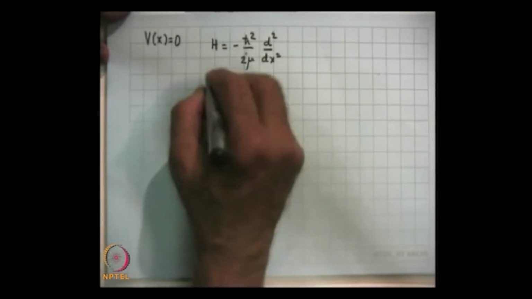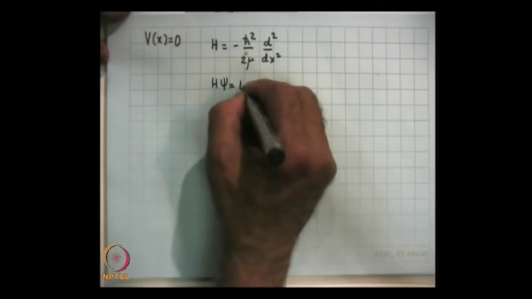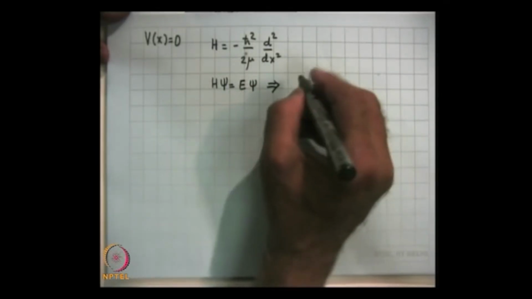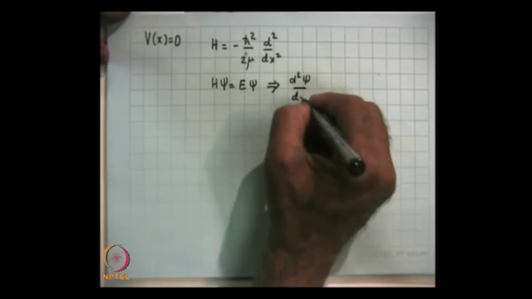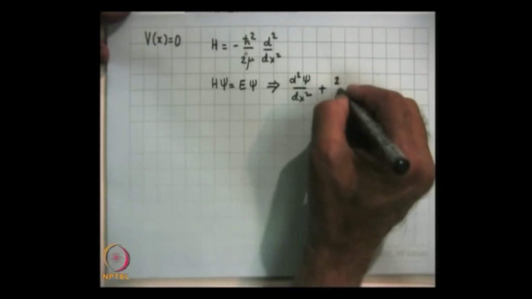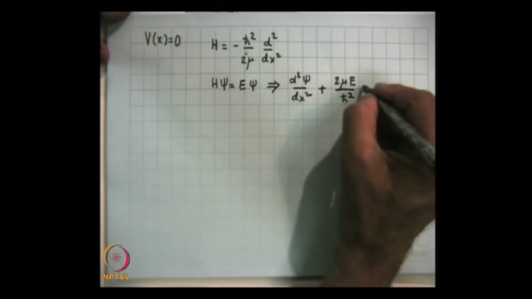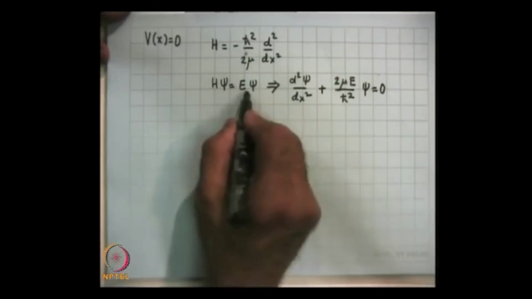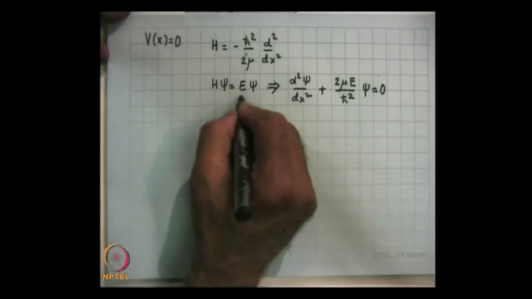and we had found that if I write H psi is equal to E psi, then simple manipulations will give d2 psi by dx squared plus 2 mu E by h cross squared psi is equal to 0, where E is now the eigenvalue, a number.